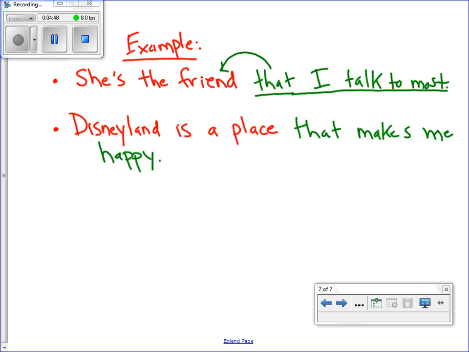Disneyland is a place that makes me happy. That is our relative pronoun. That makes me happy is our adjective clause. This adjective clause, that makes me happy, is telling which place. What place? That makes me happy.